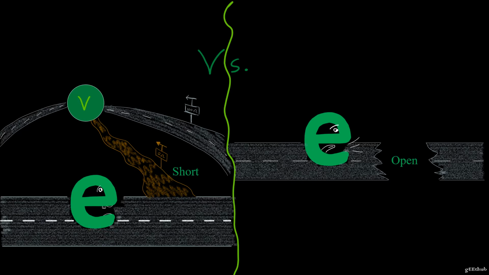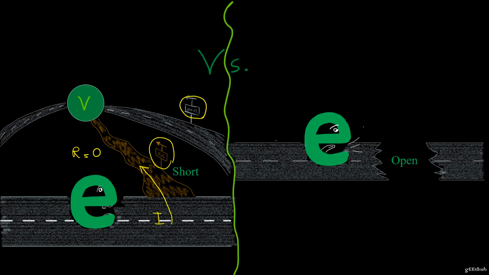Now what if our path has zero resistance? In that case, we are basically telling our current, hey, we're giving you a path with no resistance back to our voltage source. So at this point, our current has no excuse to take the path with any kind of resistance to it.